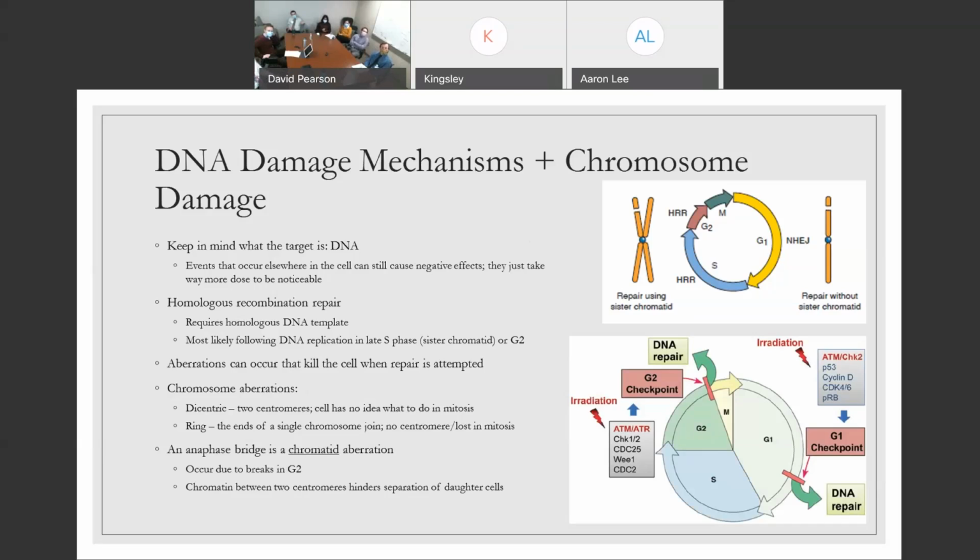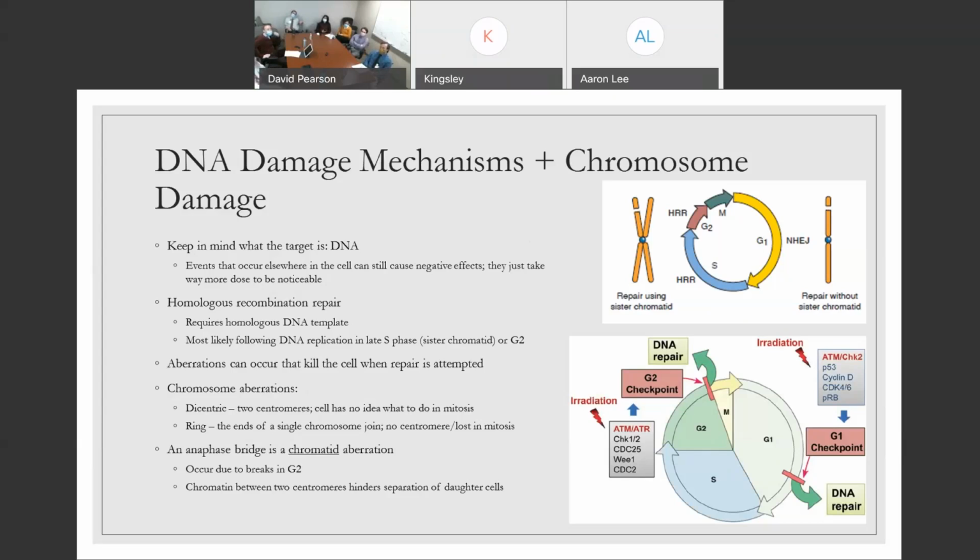So I have some images on the next slide of these, but a dicentric is when there's two centromeres on the same sort of chromatid. So the cell will, after making all of these copies of everything, segregate them to the separate sides of the cell and then cleave down the middle to create two, ideally, viable daughter cells.